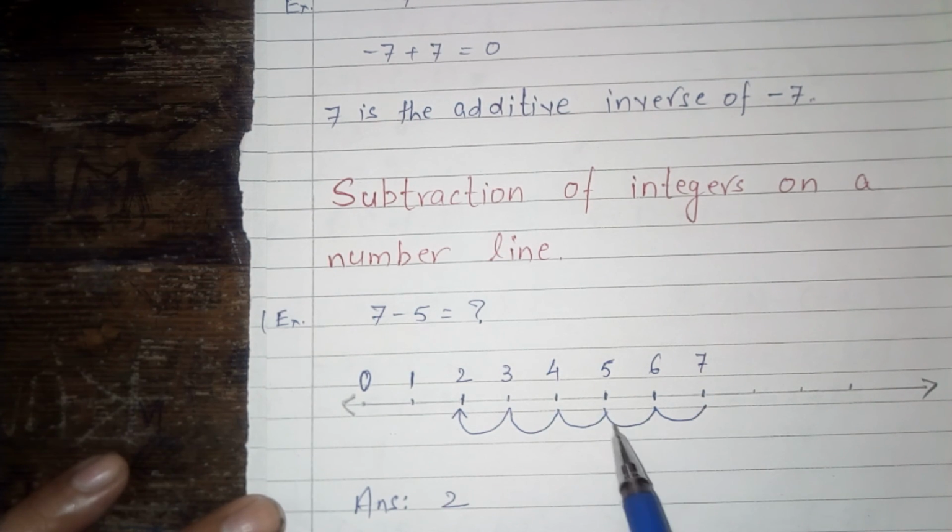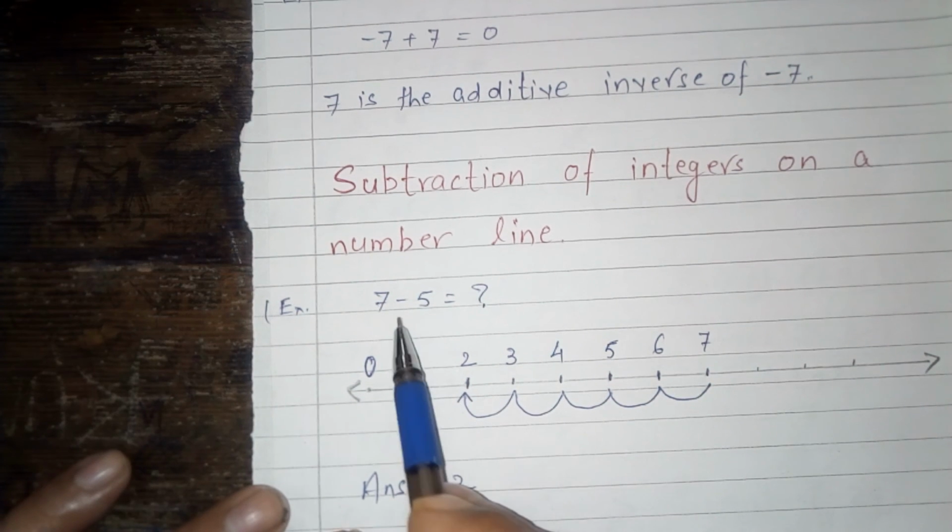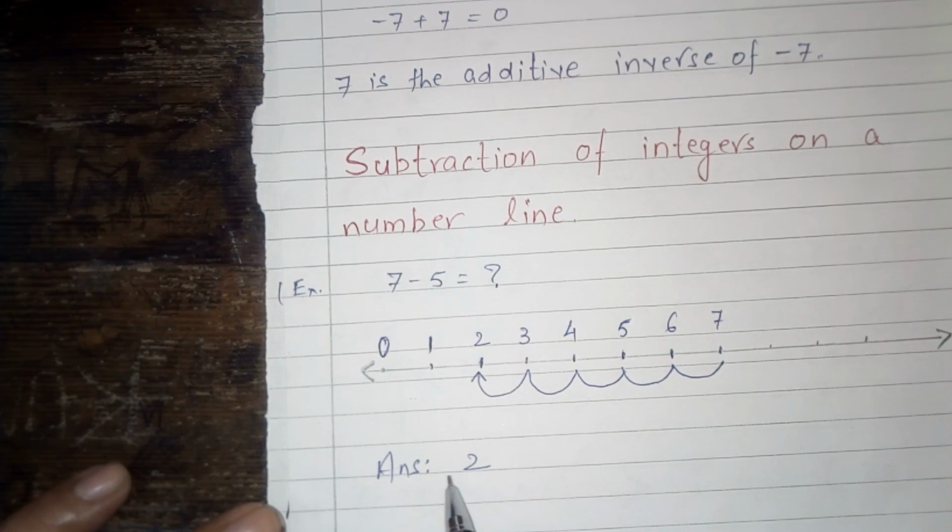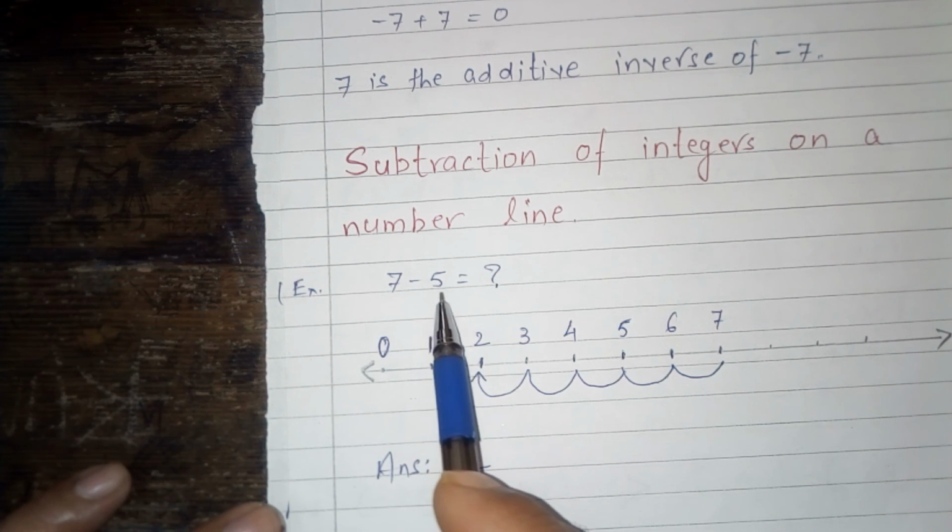Look here, it is 7, first step, second, third, fourth and fifth. After the fifth step, it is your final position. You will stop on the point 2. The meaning is 7 minus 5 is equal to 2.